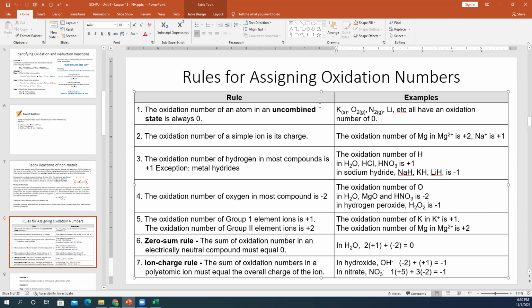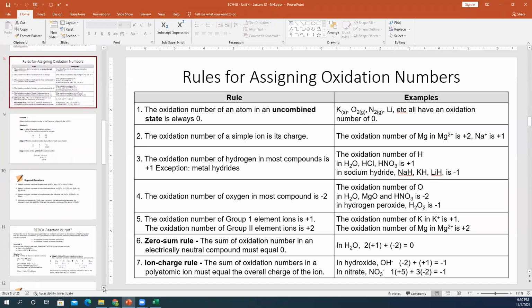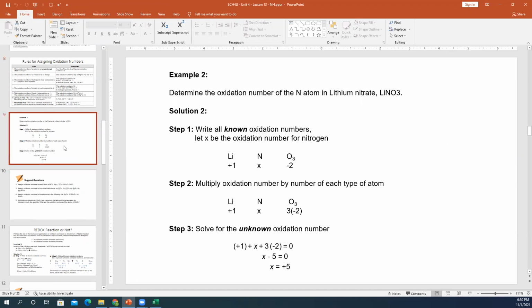So if you practice applying these rules to a few examples, you really start to get a hang of it, and then you can pretty much figure out and assign oxidation numbers to really any molecule. So let's look at an example.